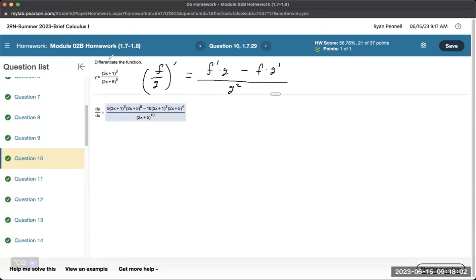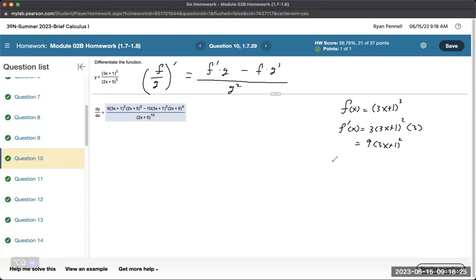That's quotient rule. So we got to build this. If my f of x equals 3x plus 1 cubed, then f prime of x equals 3x plus 1 squared. And that's a 3 on the inside. Clean it up. 9, 3x plus 1 squared.